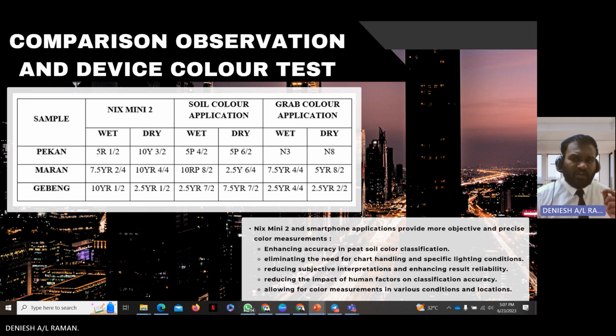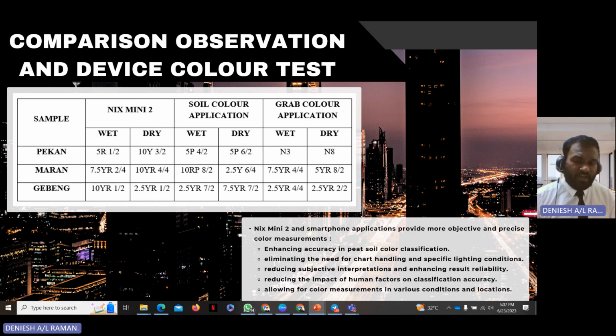Also, when we talk about efficiency, the manual method requires physical handling of the chart and specific lighting conditions for accurate color identification. This can be difficult for fieldwork, where carrying the chart and finding suitable lighting may pose challenges.